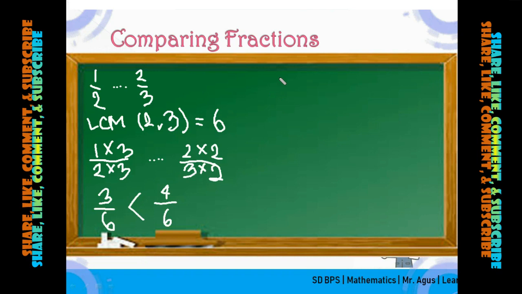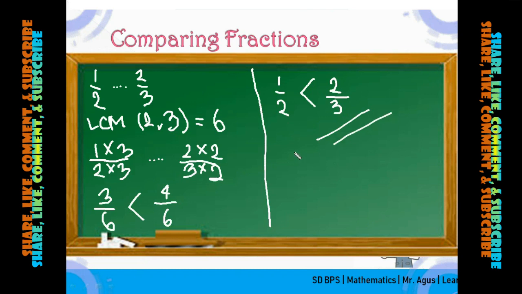So, the answer is 1/2 and 2 per 3. To complete this sentence, you have to put less than. This is the answer. So, 1 per 2 less than 2 per 3. This is how to use the first way. Let's try to use the second way.